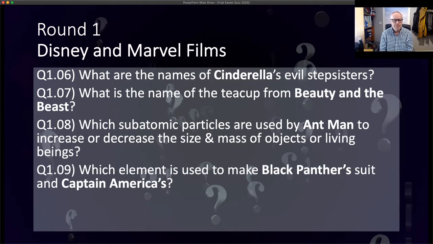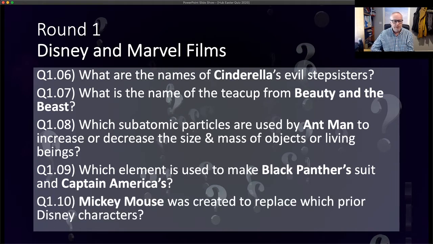Question number 9, which element is used to make Black Panther's suit and Captain America's suit? And the final question, Mickey Mouse was created to replace which prior Disney characters? Or character, I think that should be.